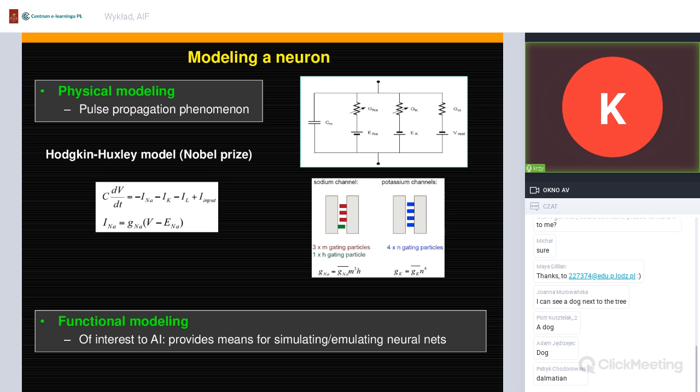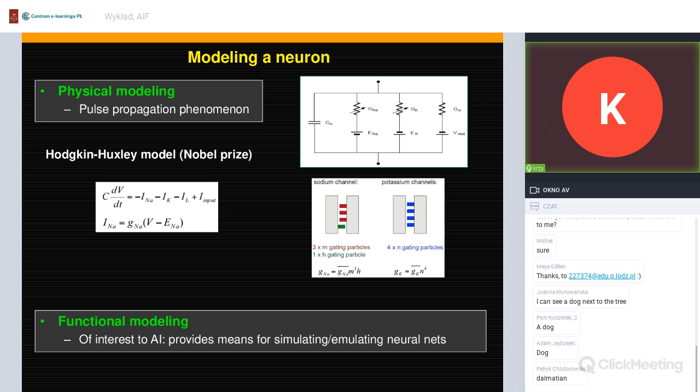We are not going in artificial neural networks to provide algorithms that emulate accurately all the processes that are taking place in nerves. This is something that we are not really interested in. What we are interested in is a functional description, and this functional description doesn't really care for all these details of processes that take place in neurons.